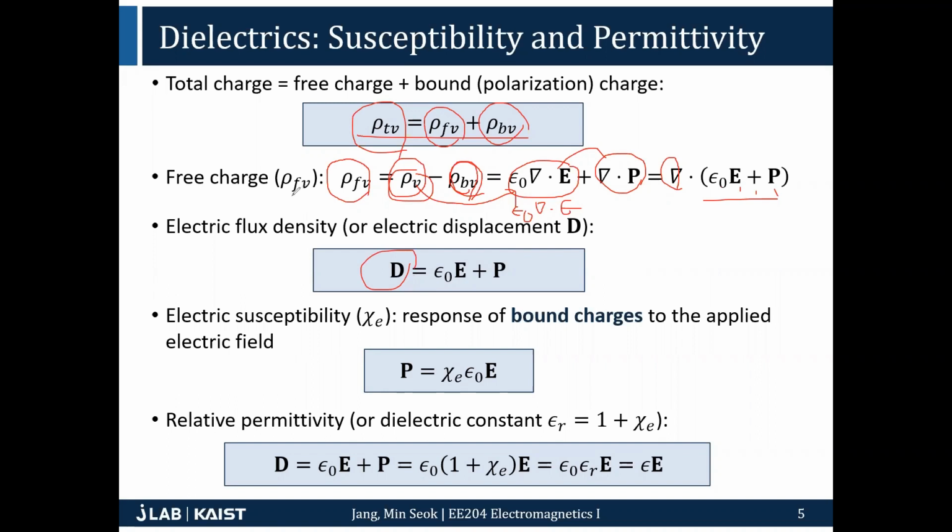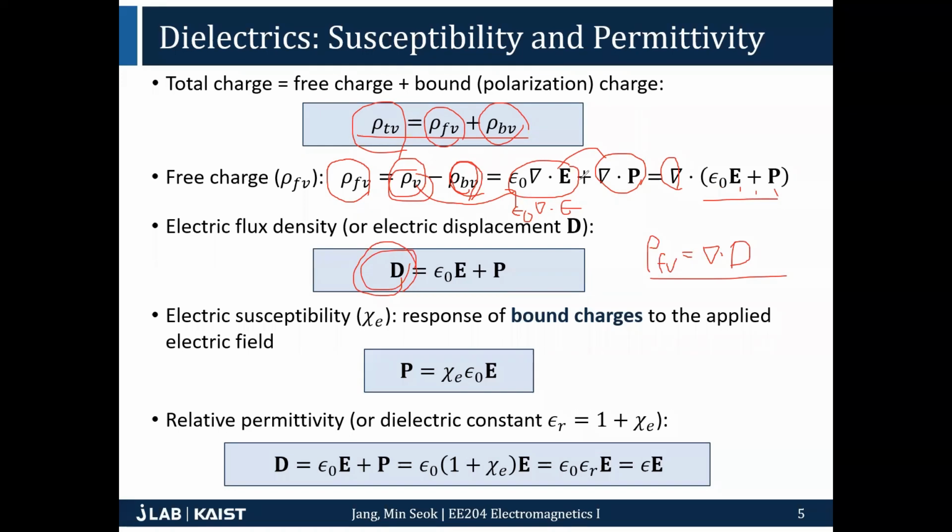We call this the D field. So from this, it's obvious that we have rho FV, which is equal to divergence of D. So the D field is introduced in order to describe the free charge contribution of the electric field, whereas the E field is about everything.